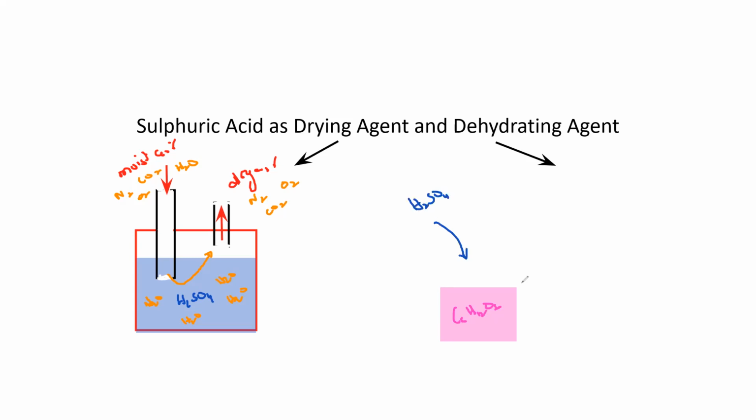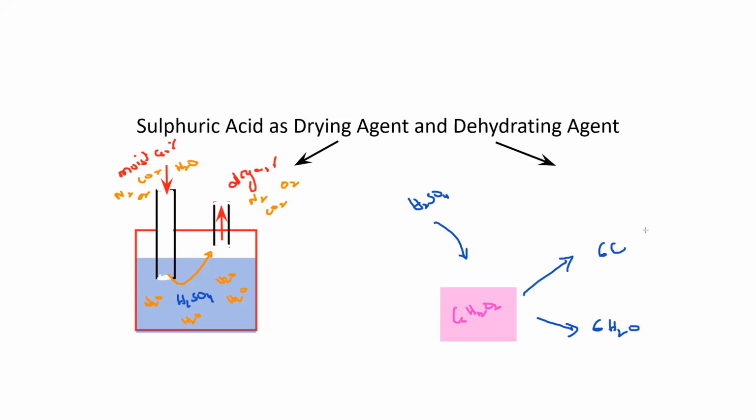When we add sulfuric acid to this sugar crystal, what will happen? It will break down the sugar molecule into 6 carbon atoms and 6 water molecules.